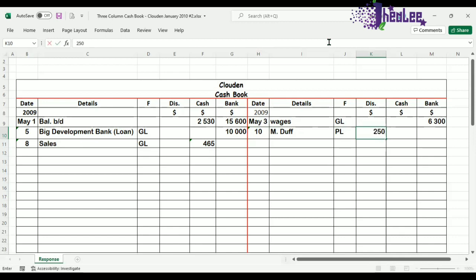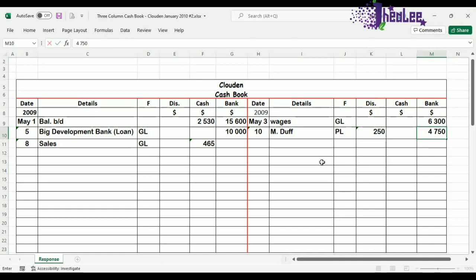Remember, discount allowed is on the left because that is an expense, and discount received is on the right-hand side. That is a revenue, and revenues carry credit balance. The amount was paid by check, so that is $4,750 in the bank column.